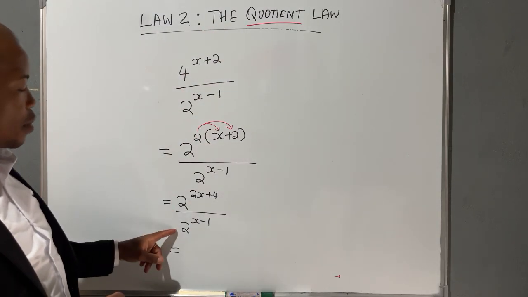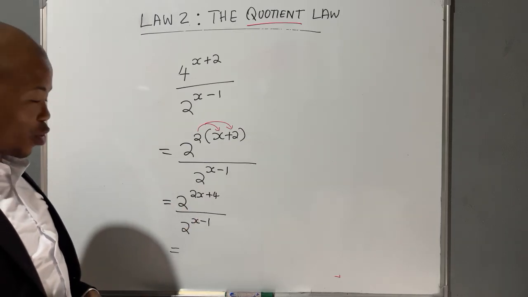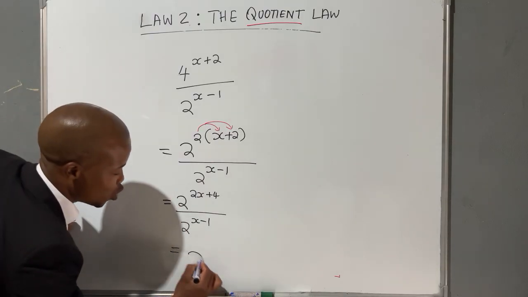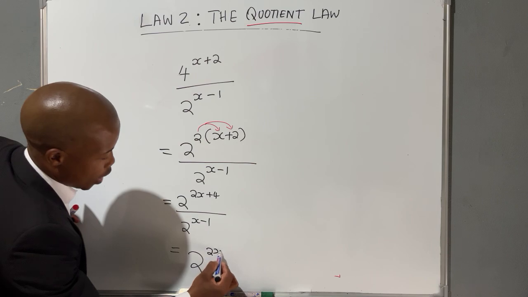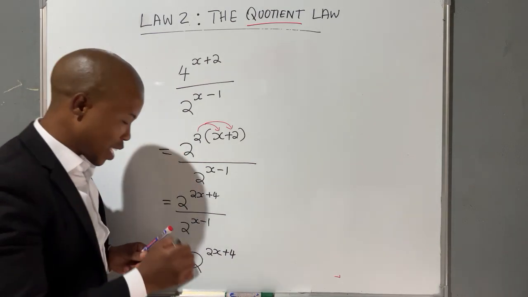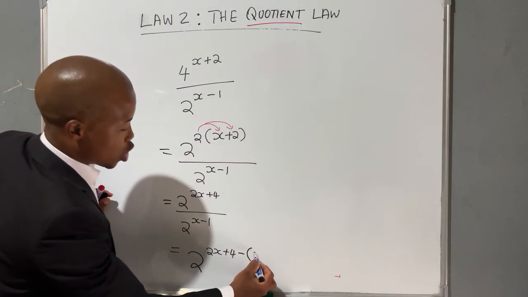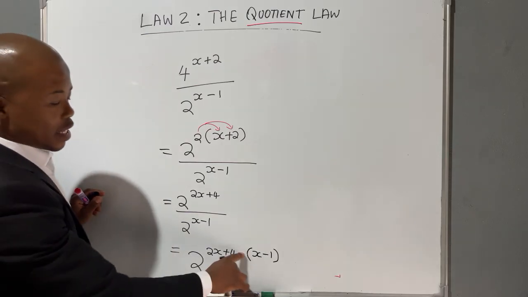When the bases are the same and you're dividing, you simply do what? You subtract your exponents. So in this case, you're going to have 2 to the exponent 2x plus 4. And remember, I said whenever you're subtracting, put the thing you're subtracting in brackets.